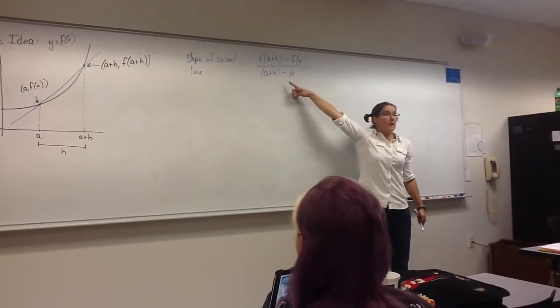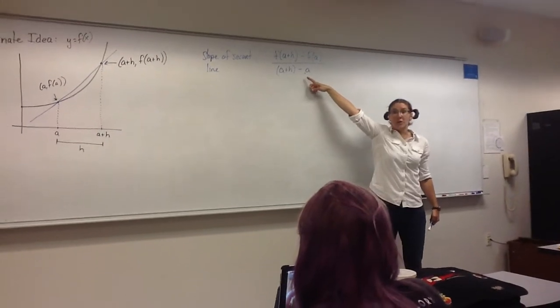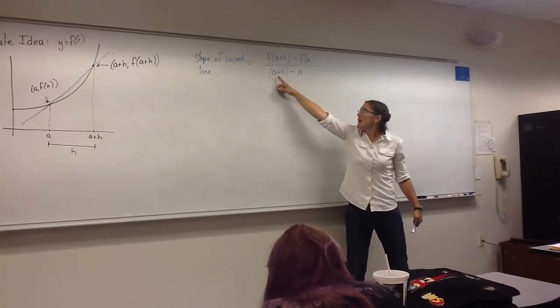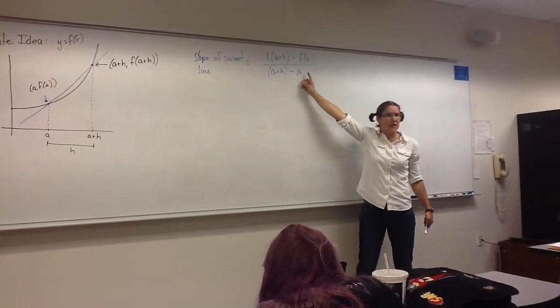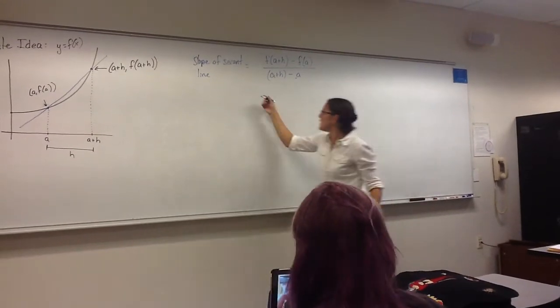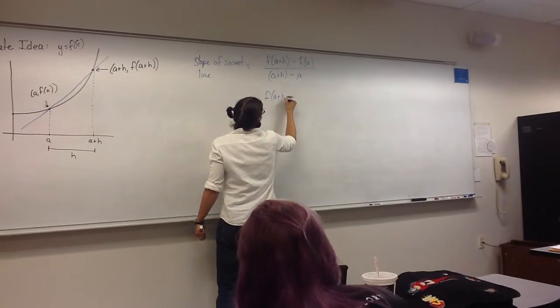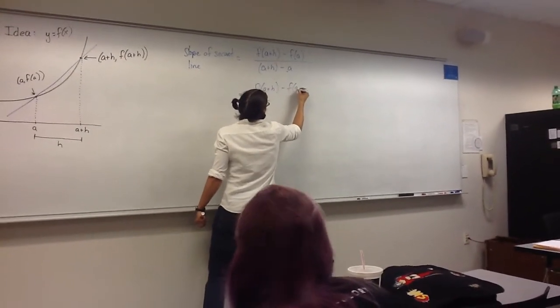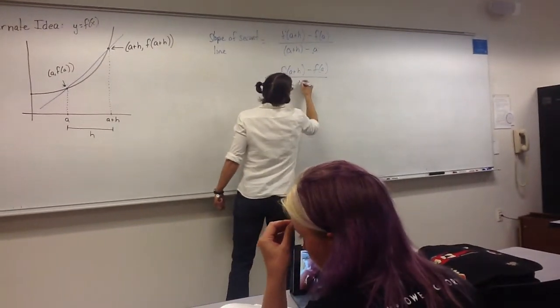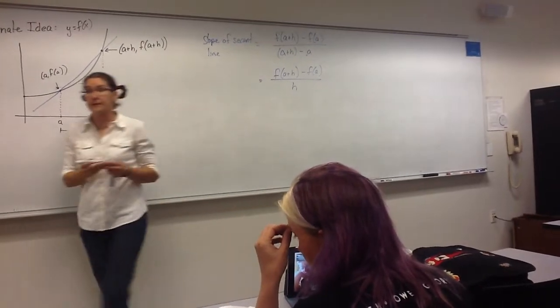Now, my denominator up here, I can actually simplify. I see an a, I see a minus a, so those guys cancel, and it really just leaves me with an h in the denominator. And so the slope of my secant line becomes f of a plus h minus f of a all over just an h.